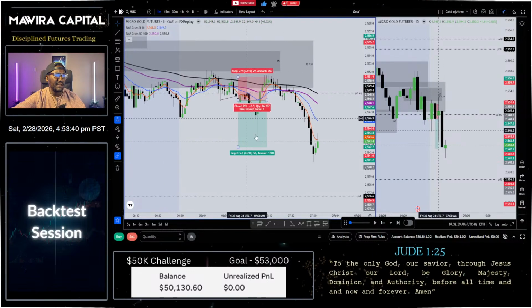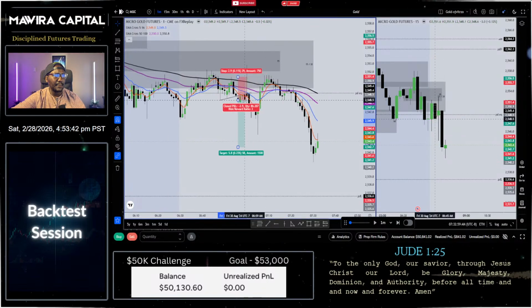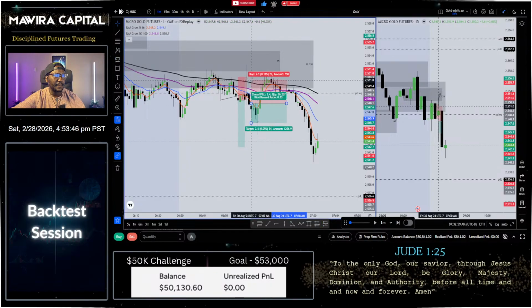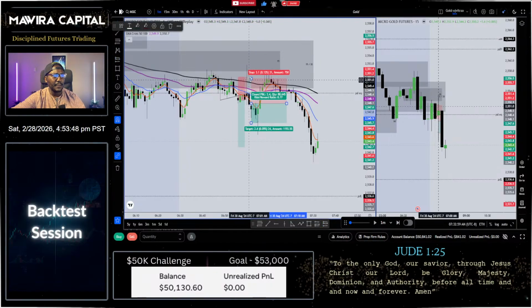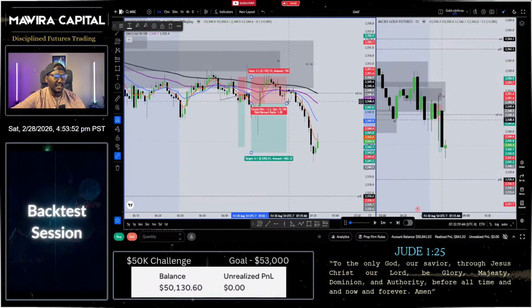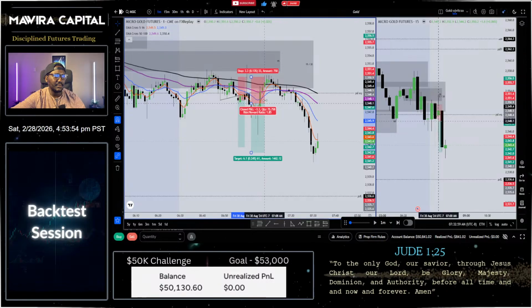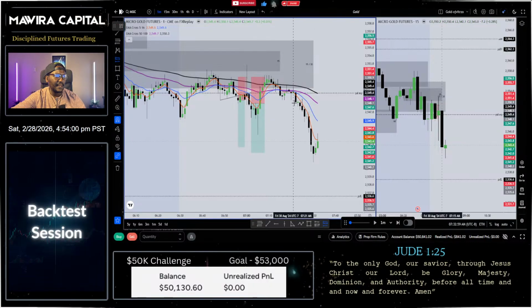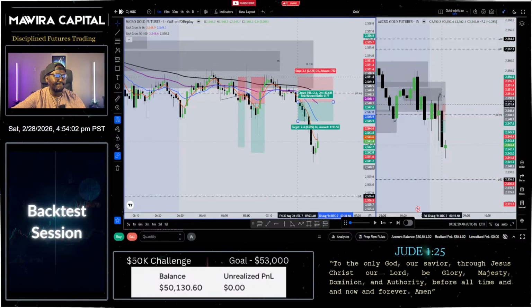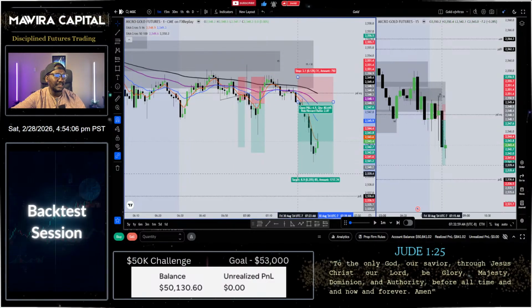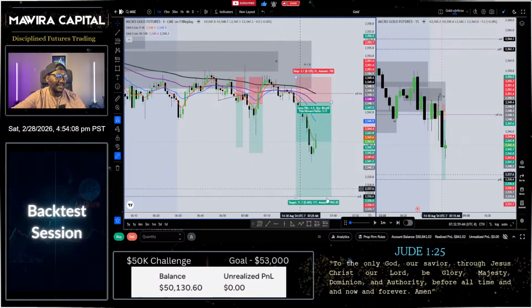Because if I reloaded, if I went in again right there, what took me out, and I put my stop loss around the same area, that would have been another loss. But here's another trade I could have taken, and that would just be to give me back my losses. I mean, it could still keep going down further.